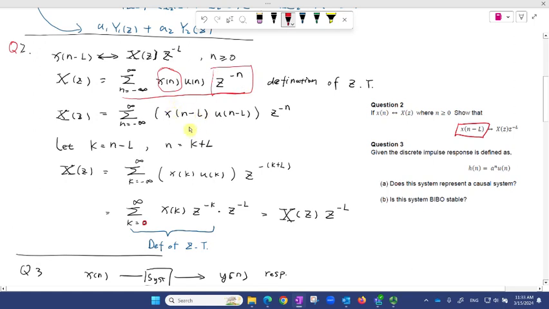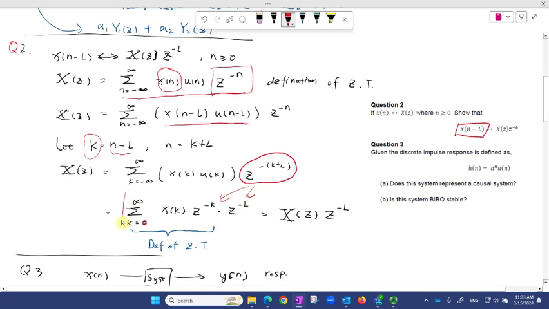Okay, so now we just put the target signal in. And we're going to replace this n minus L with a new letter K. All right, so everything is about K, and n equals K plus L, so negative that. This term can be split into two parts, this one here and here.